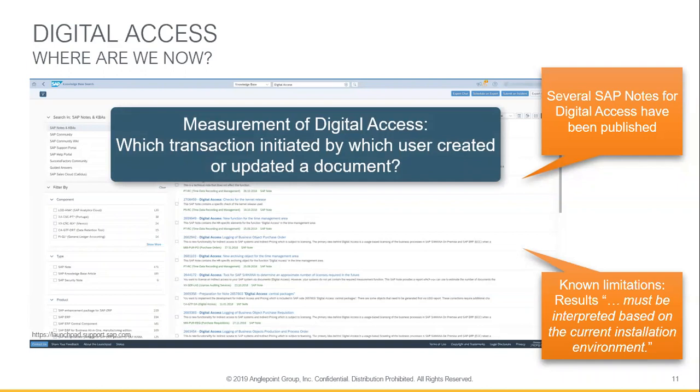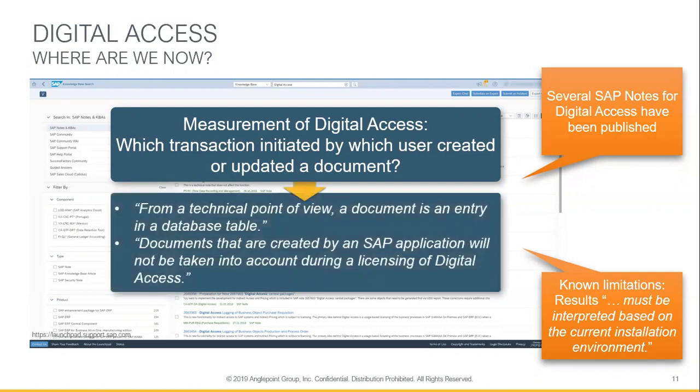The current, most recent note we have analyzed, and essentially we can see that SAP is trying to count, from a technical point of view, the database table entry, right? So they're saying a document is an entry into a database table. So these notes are reaching to those database tables and trying to count them, right?